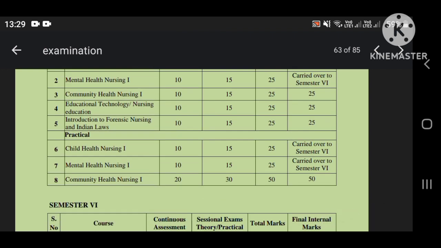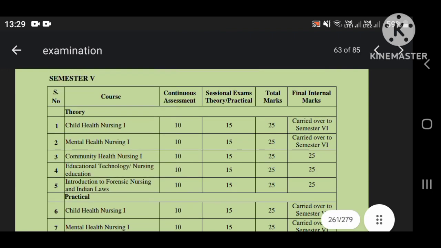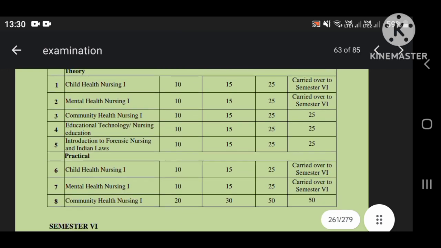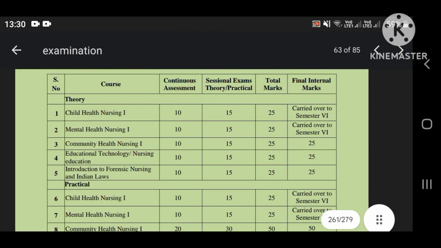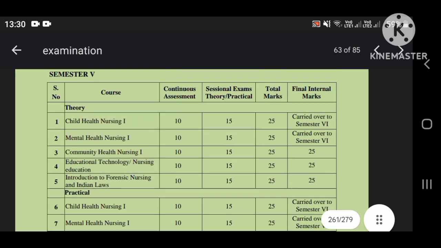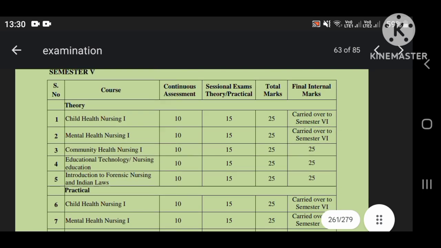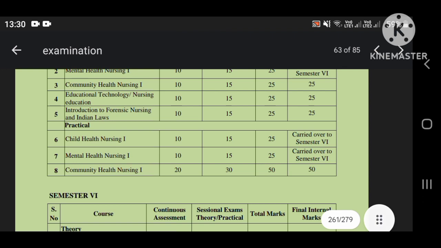Introduction to Forensic Nursing also 10 marks and 15 marks, total 25 marks. Child health nursing practical also the same way, internal assessment 10 marks, 15 marks and 25 marks. Mental health nursing and community health nursing, it is for 20 marks and 30 marks, for sessional theory and practical.